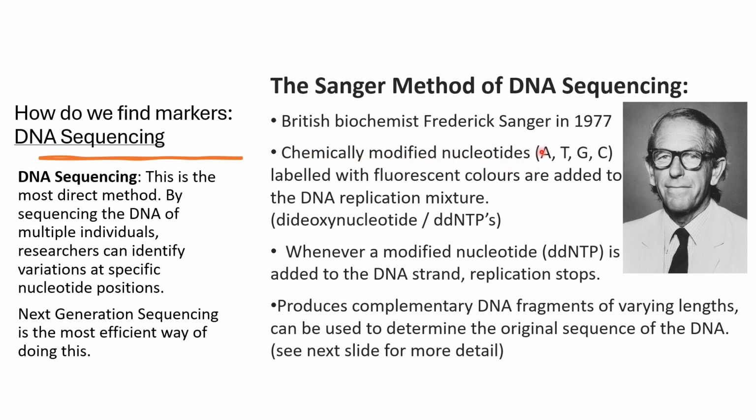So it's like the adenosine, thymine, guanine, and cytosine that you know, but they have been chemically modified so that the bases have a fluorescent color. This means if we shine an ultraviolet laser at them, they glow back in a specific color.